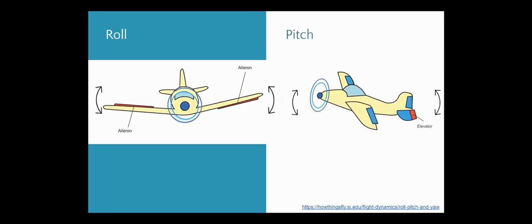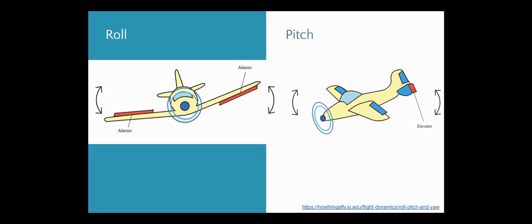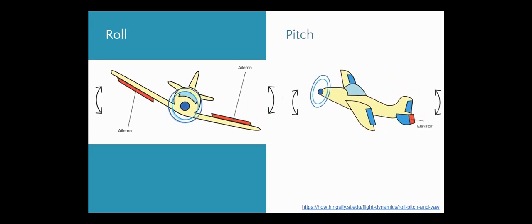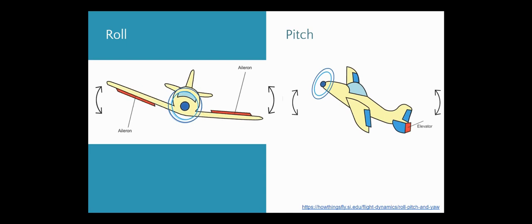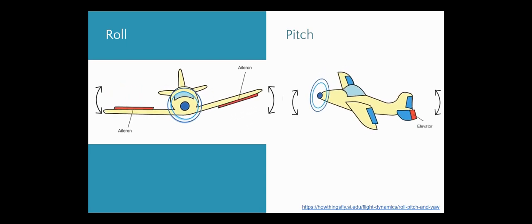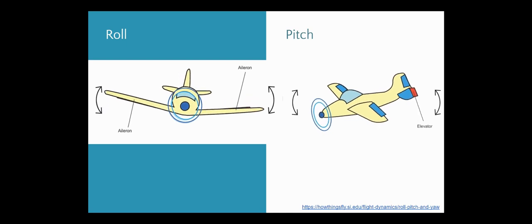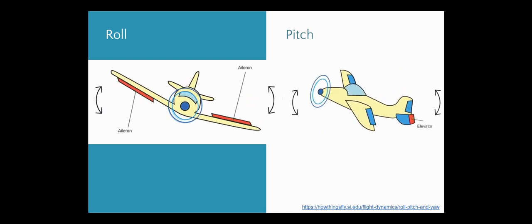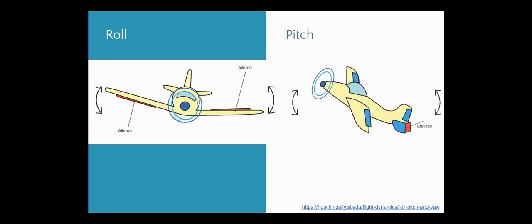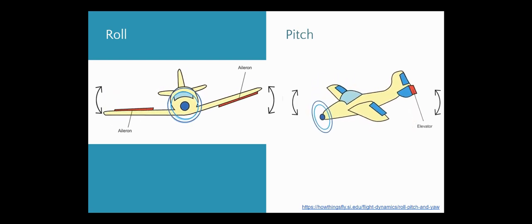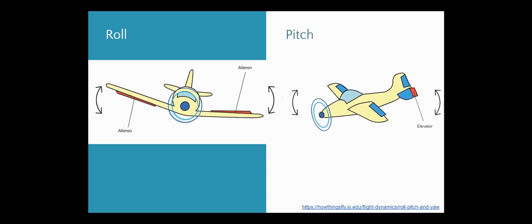Okay, now in aeronautics, we have very specific terms for when the airplane is rolling from side to side or rolling up and down. Okay, so an airplane can travel in 3 dimensions, really, without touching anything. So we have different terms for how things move. The roll in an airplane is a tilt from left to right.